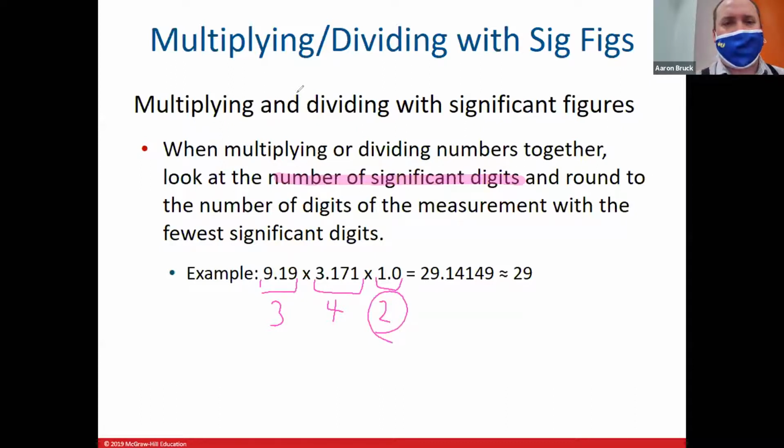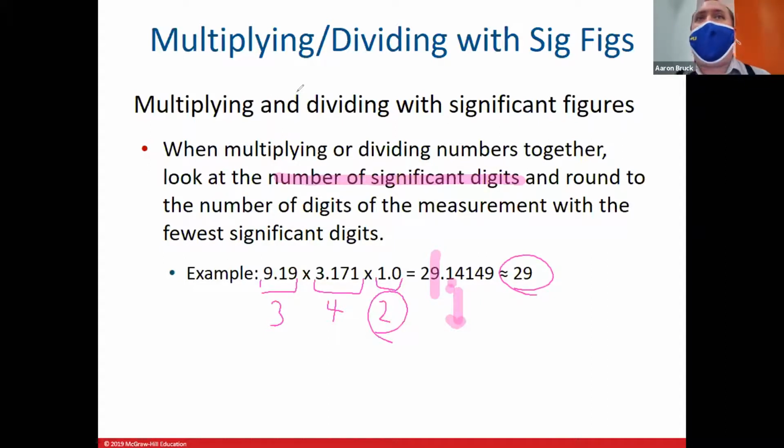That means I need to round to the second significant figure, which is that 9. I look at the 1 that is next to it. I need to round down. End result, I would report that the product of those 3 measurements is 29.